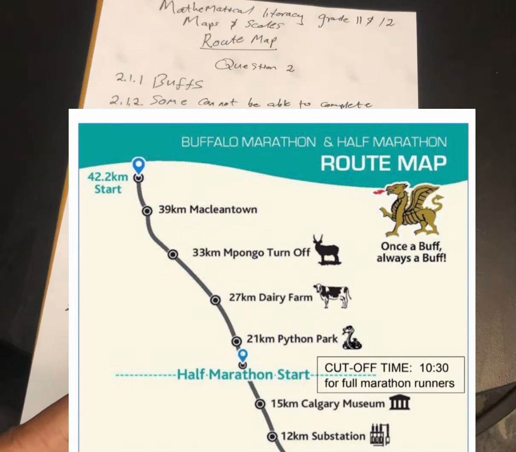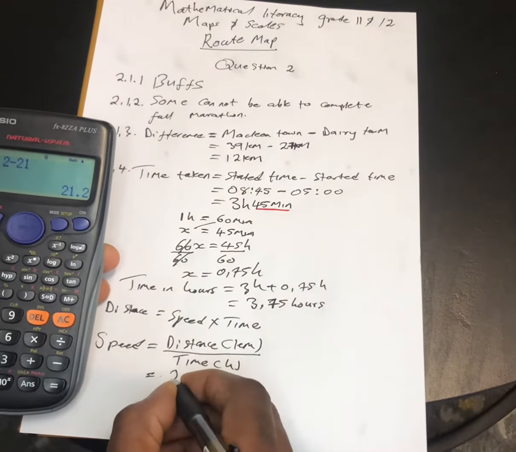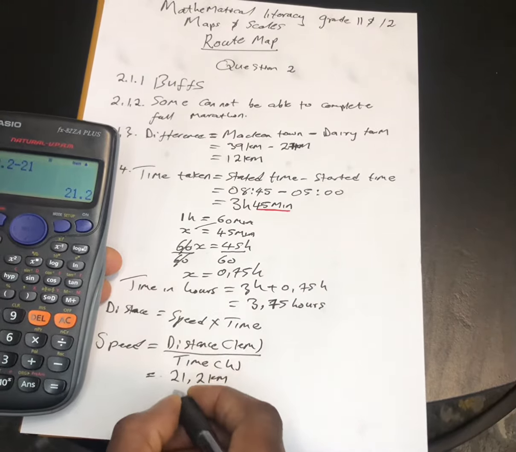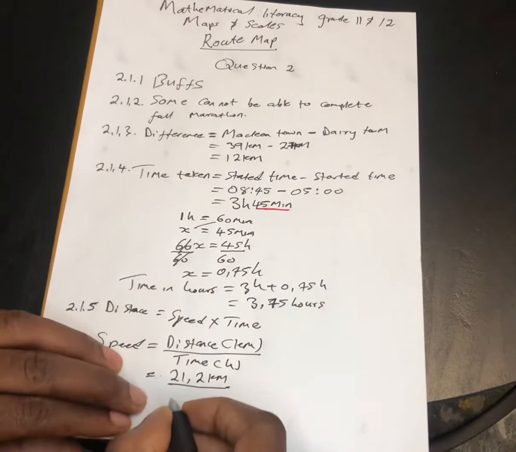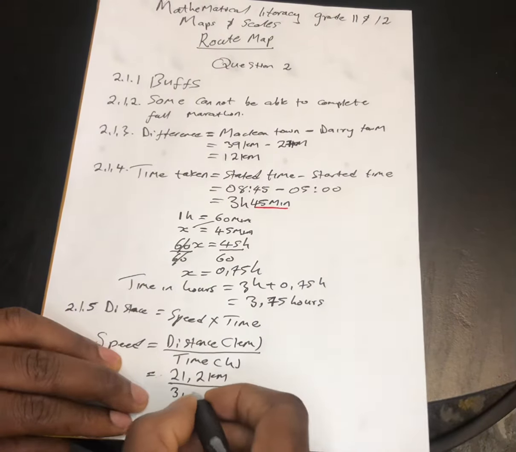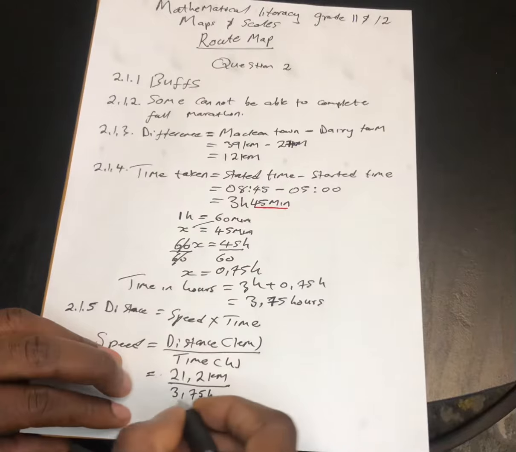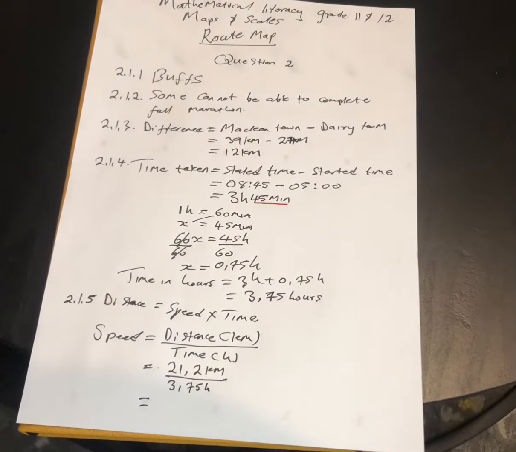So the distance that we're going to have there is 21.2 kilometers, divided by the time taken. Don't forget, we calculated the time in the previous answer. We find that it is 3.75 hours.